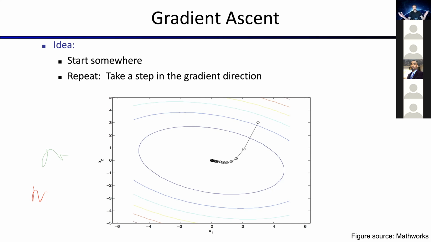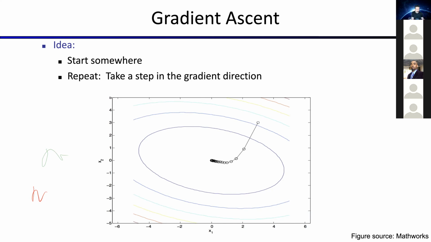And this gradient ascent was a way to find optimal parameters in order to give us the right model that provides a decent classification based on our training data. And the idea was very simple.